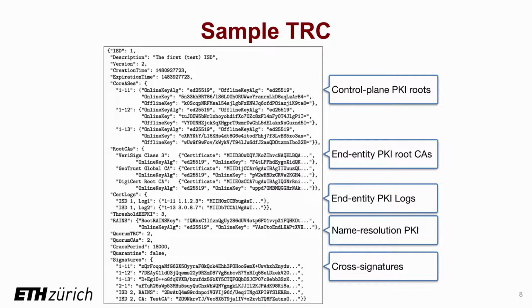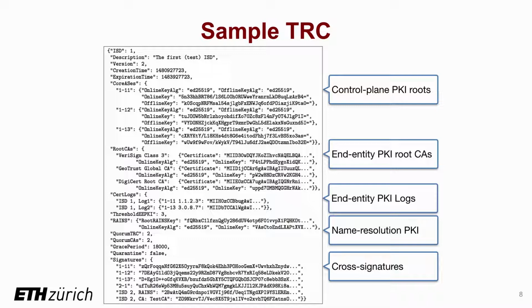So in this slide, we see a sample TRC. In this example, we have three different control plane PKI roots. So this isolation domain would have three core ASes that manage the ISD, and their respective public keys represent the roots of trust for the control plane PKI. We also have identity PKI roots, root CAs, that are listed here.